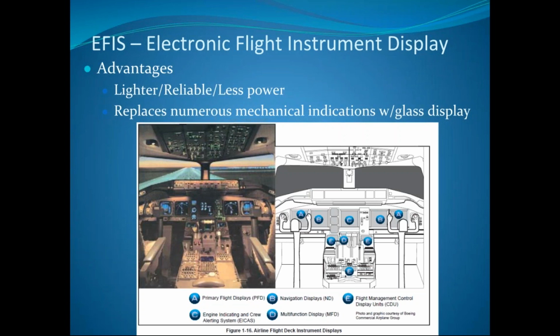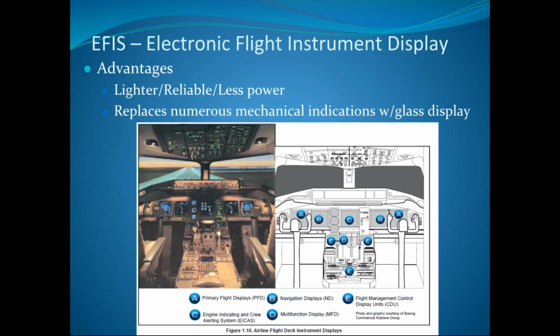It will give the pilot an aural, like an audio warning, in a certain pattern. And then the pilot can look at the screen and it'll actually tell him what's going on.